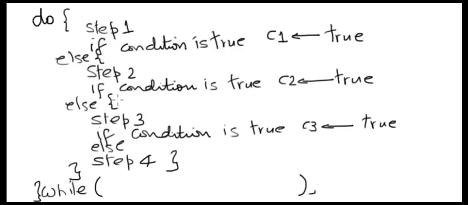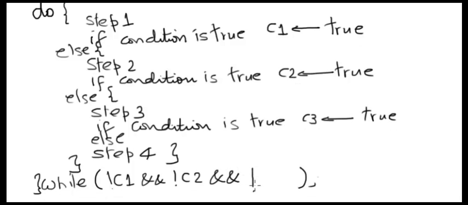In other words, the loop must be continued only if all of the 3 variables are false. So the condition here would be while not C1 and not C2 and not C3. And what we need to do is also set C1, C2, and C3 to false before entering the loop.